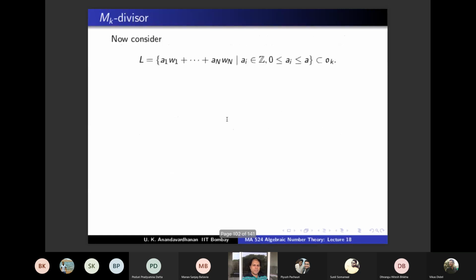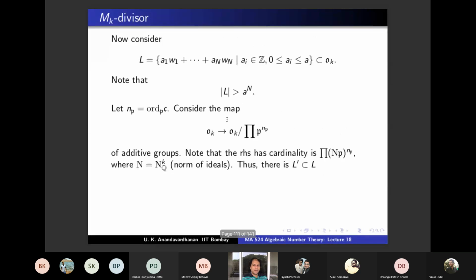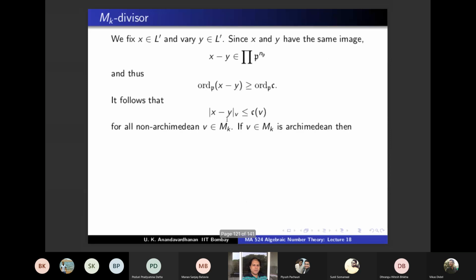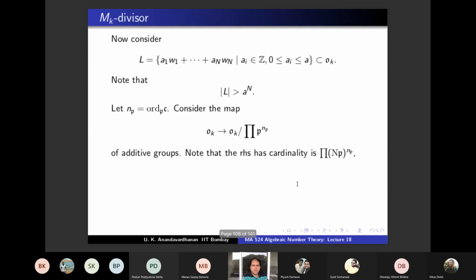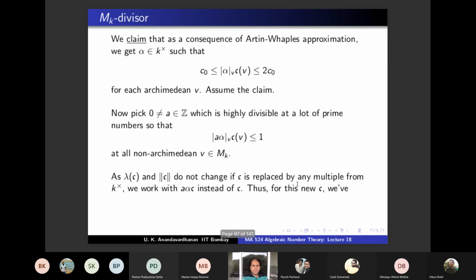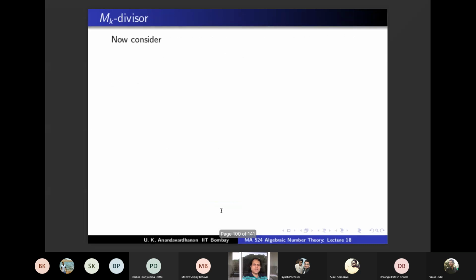So mod X minus Y at V, if V is Archimedean, is less than or equal to this, which is less than or equal to C naught mod AV, but that is less than or equal to CV. That is what we concluded from Artin vapors. Right, you have this C naught times mod AV is less than or equal to CV. Without loss of generality, C has this property.